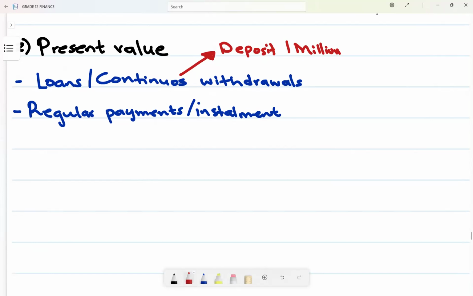And then the bank gives me an interest of, let's say, 10% compounded monthly, for purposes of explanation and better understanding. Let's say I deposit 1 million on the 1st of January 2026.